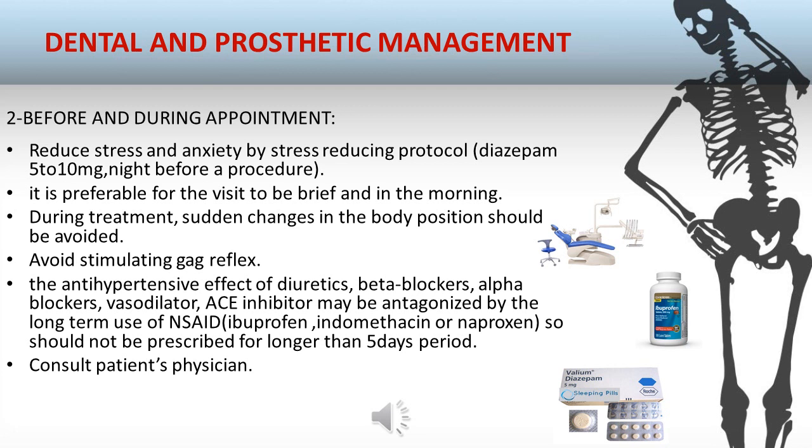The antihypertensive effect of diuretics, beta blockers, alpha blockers, vasodilators, and ACE inhibitors may be antagonized by long-term use of non-steroidal anti-inflammatory drugs, including ibuprofen, indomethacin, or naproxen, so they should not be prescribed for longer than 5 days.